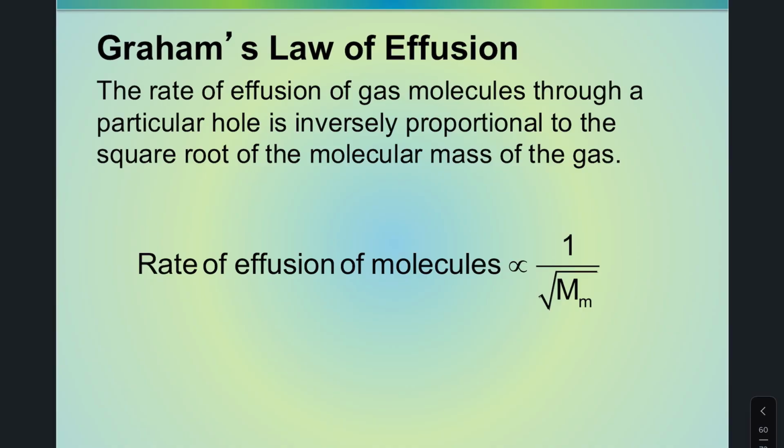Okay, so we can also quantify effusion using Graham's law of effusion, and this is saying that the rate of effusion of molecules is equal to the square root of the molar mass in kilograms per mole, divided by that value. And so as the molar mass increases, you're going to get a slower rate of effusion.